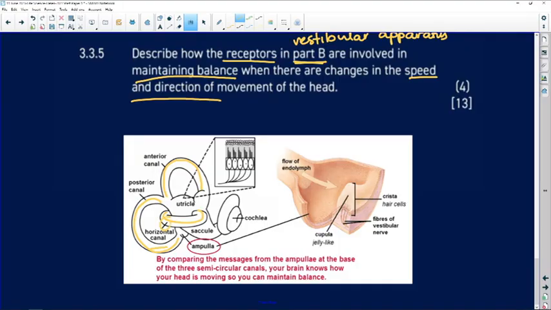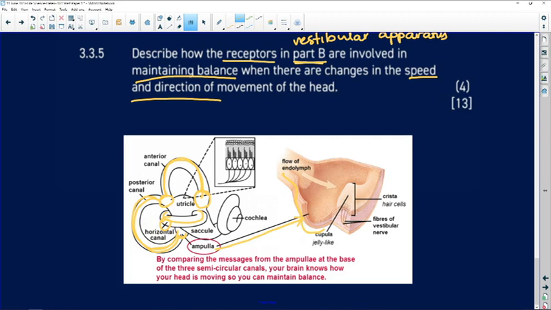So here's our horizontal one, our posterior one is at right angles, and this anterior one is also at right angles. At the base of these semicircular canals, we have got an extended or swollen part, and that is called the ampulla.